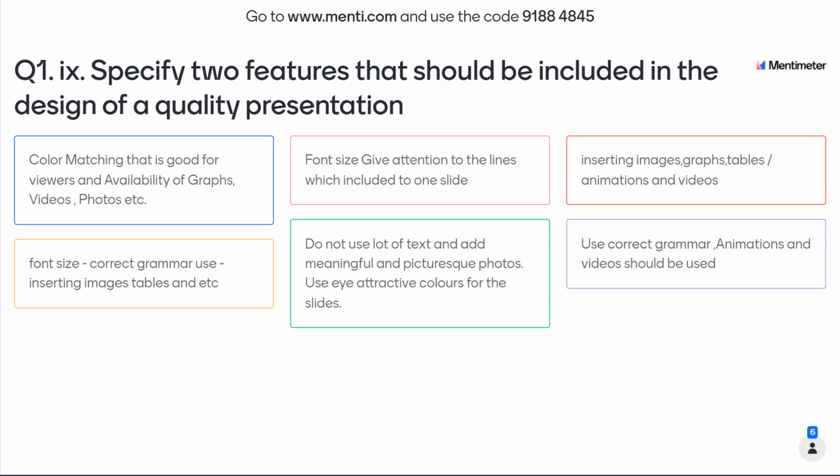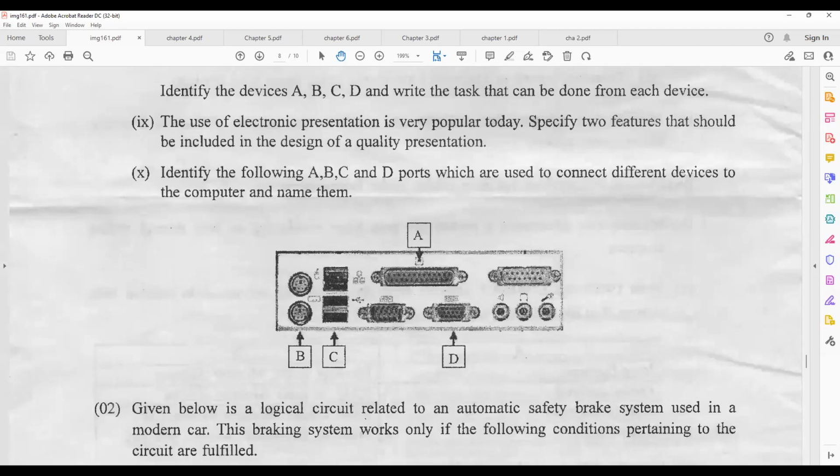Last question from part 1. Right, last question. It's an easy one. You can type the answer in the chat for this one quickly.